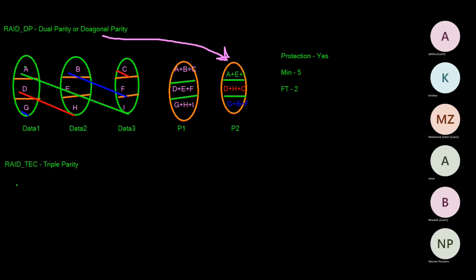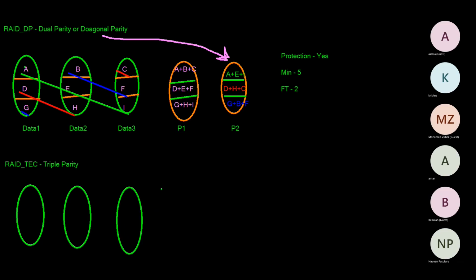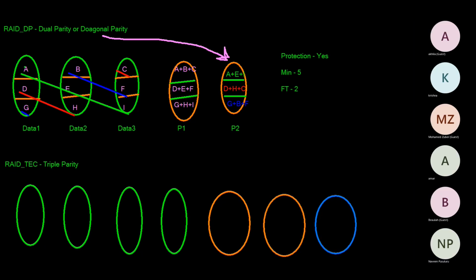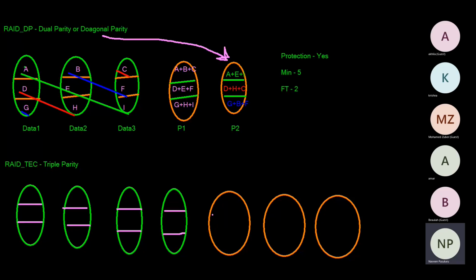So here, the green ones are again data drives, and the orange circles are parity.